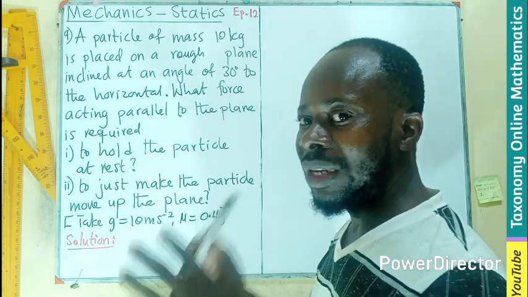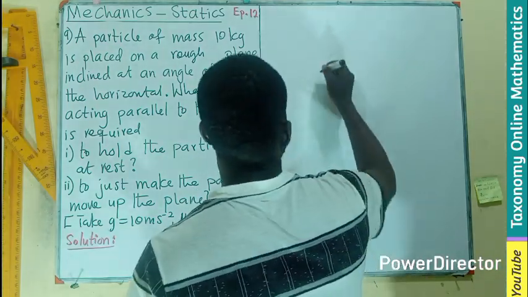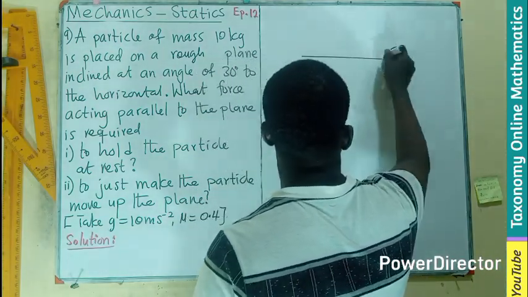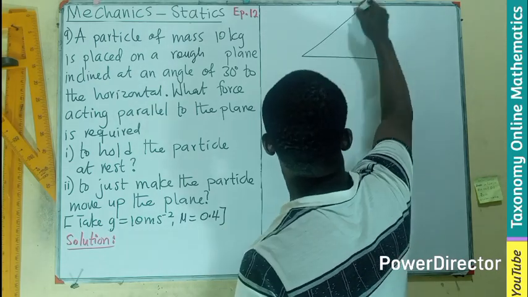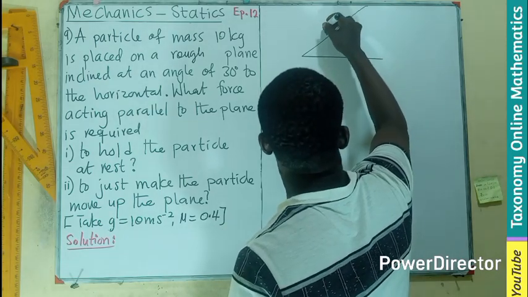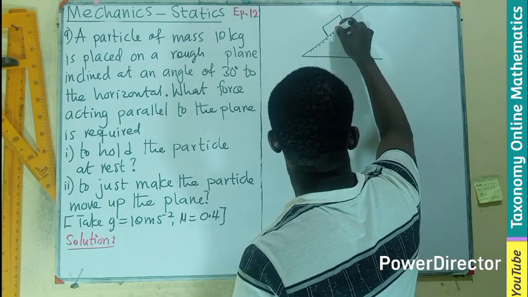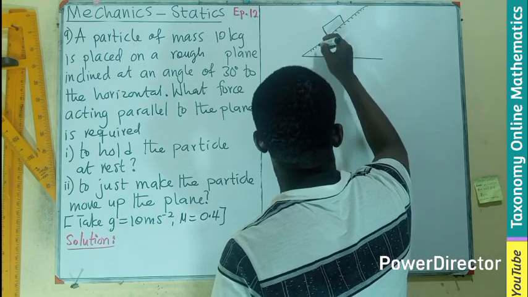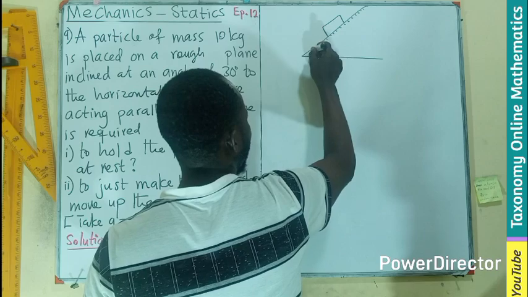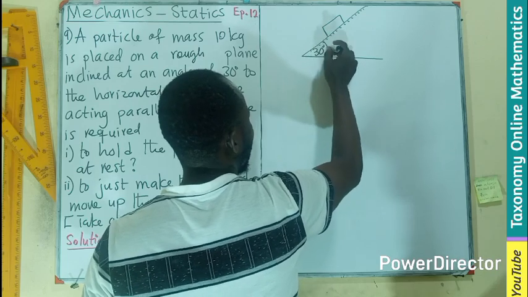In these questions, we need to make a sketch of the diagram with the inclined object. If the particle is resting on this surface, then the angle of inclination is given as 30 degrees.